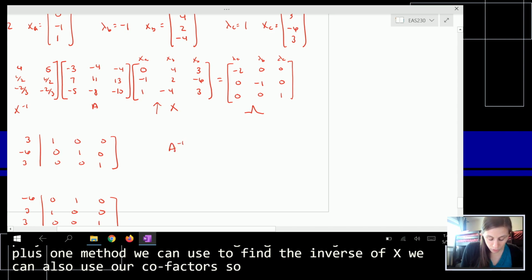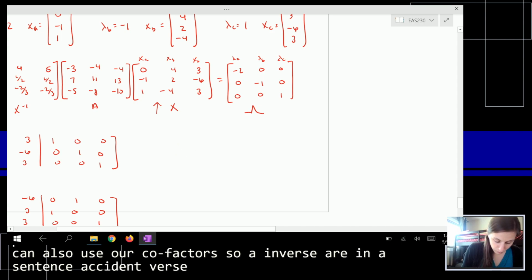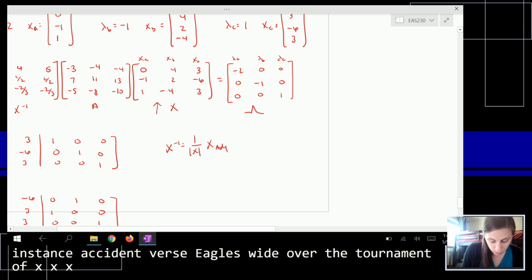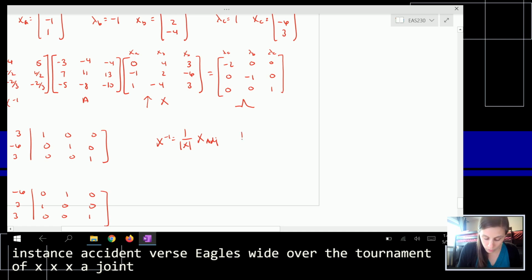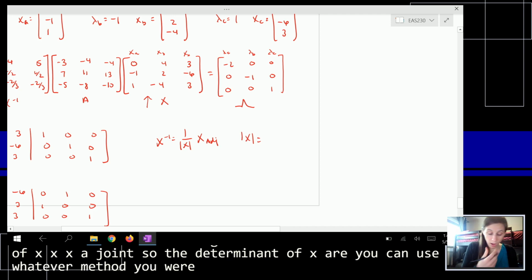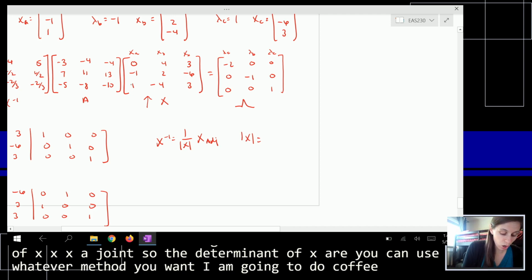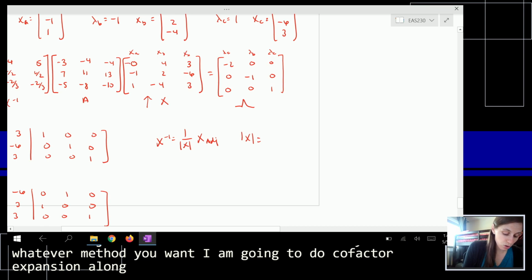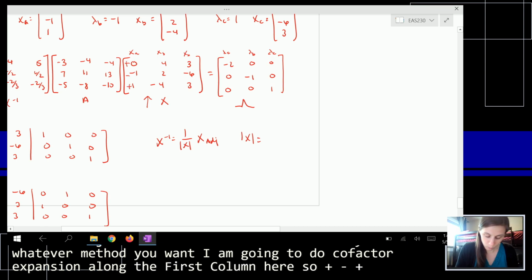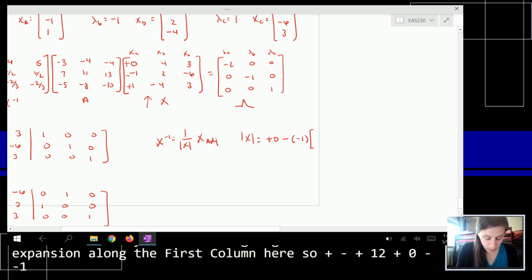So A inverse, or in this instance, X inverse, equals 1 over the determinant of x times x adjoint. So the determinant of x, you can use whatever method you want. I am going to do cofactor expansion along this first column here, so plus, minus, plus. So I have plus 0 minus negative 1 times 12 plus 12.